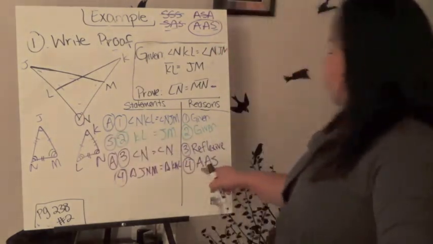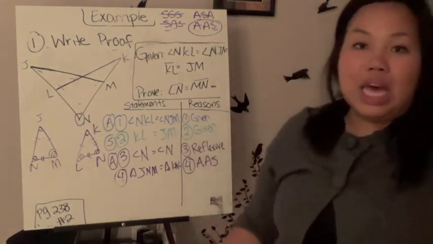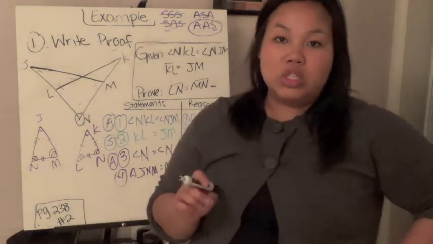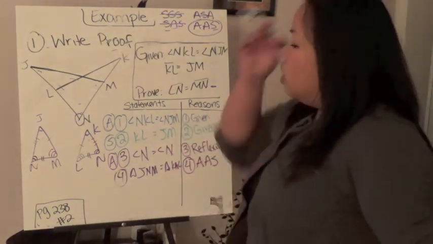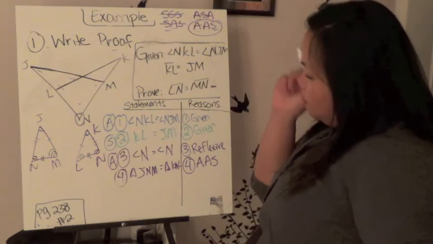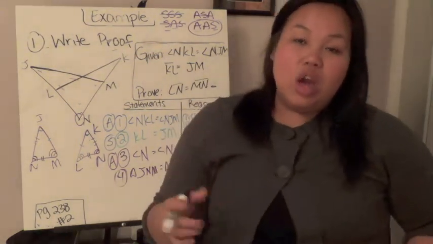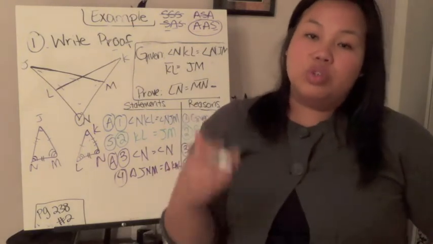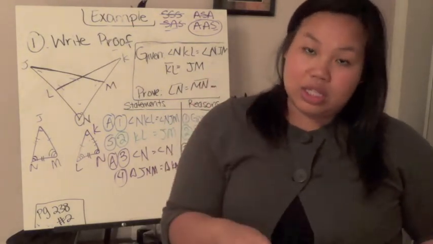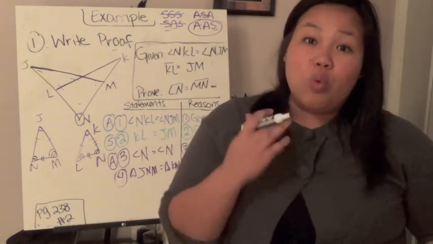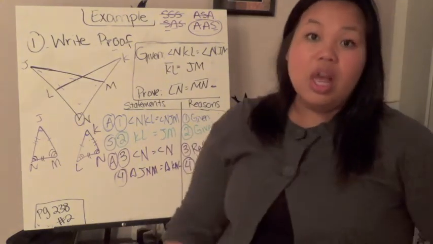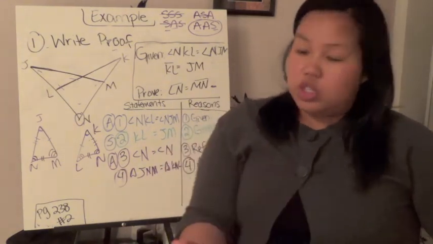All because of this. The reason I can state that is a concept in chapter 4 called CPCTC. Corresponding parts of congruent triangles are congruent. It's one of your key concepts. What that basically means is that once you prove these triangles are congruent, then their corresponding parts are also congruent.